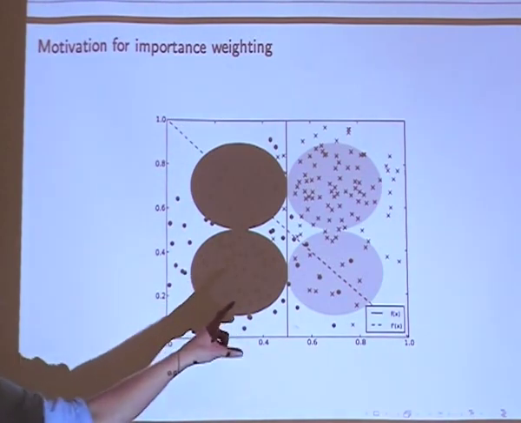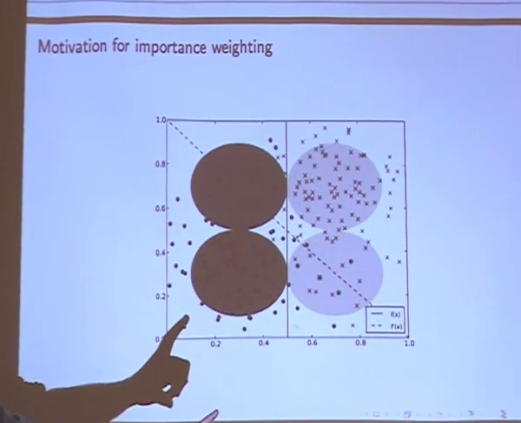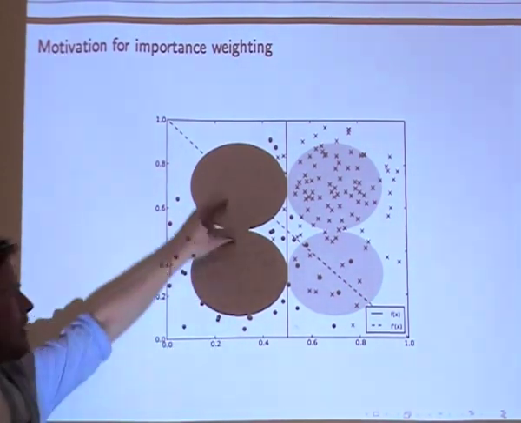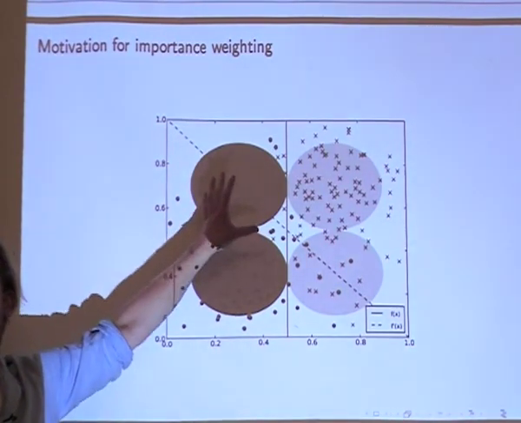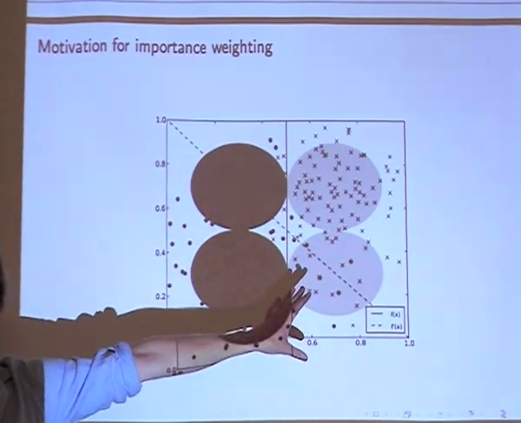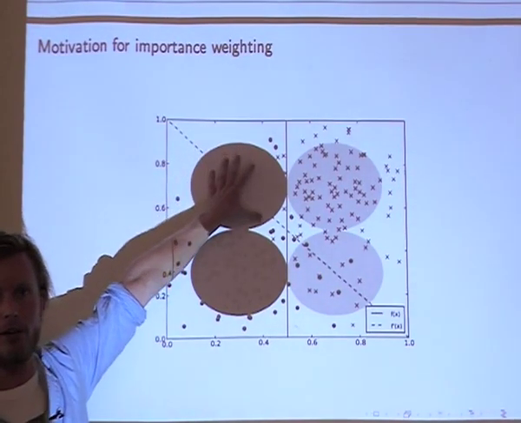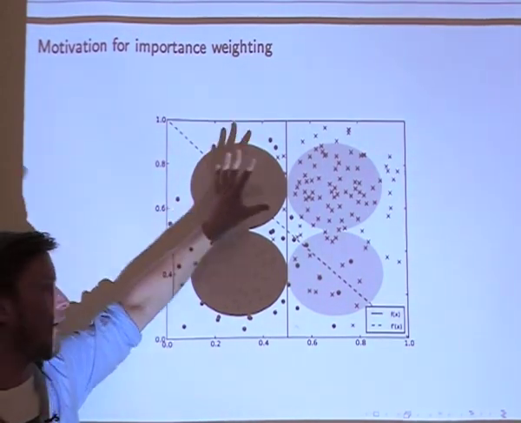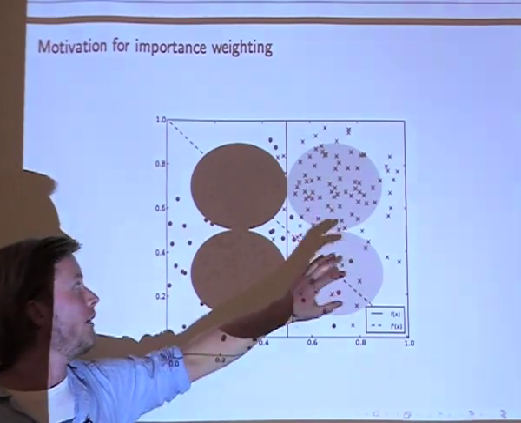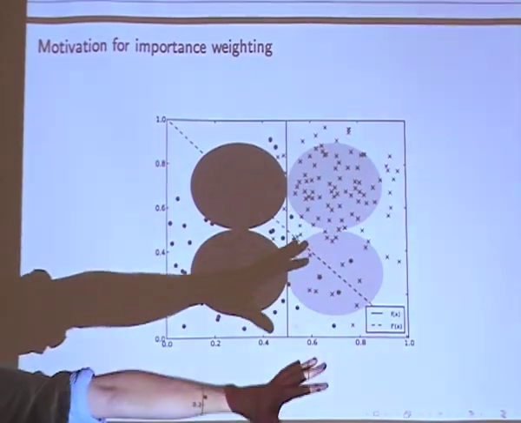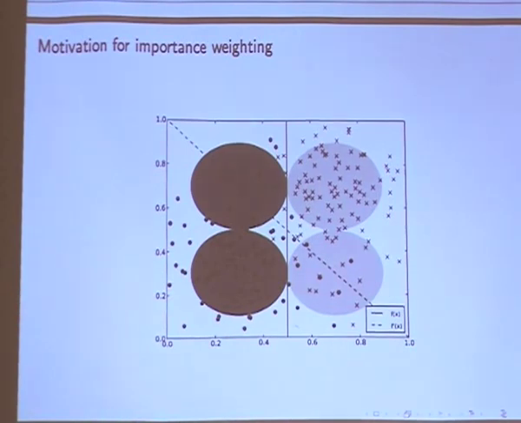Now, in that scenario where you have a sample bias in the test data, if we just weighted our data points by how much they look like the test data, we would put more weight on the data points up here in the upper dark gray area, and more weight on the data points down here in the lower light gray area, right? Because they look much more like the test data points if we sample the opposite way for the test data.